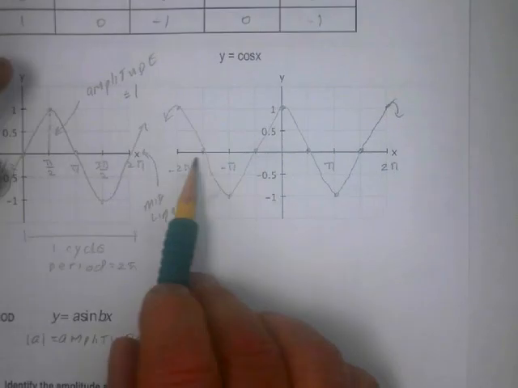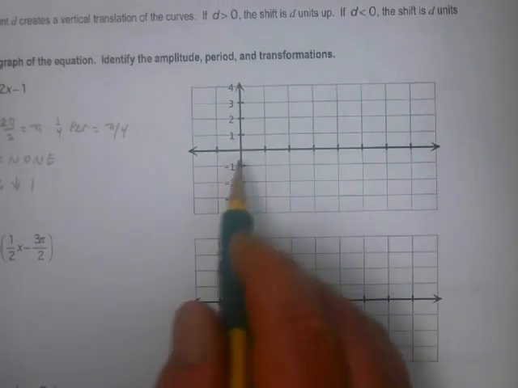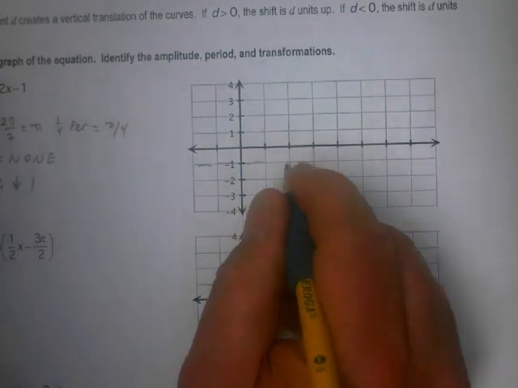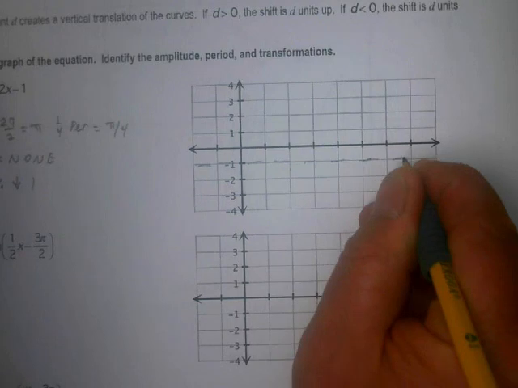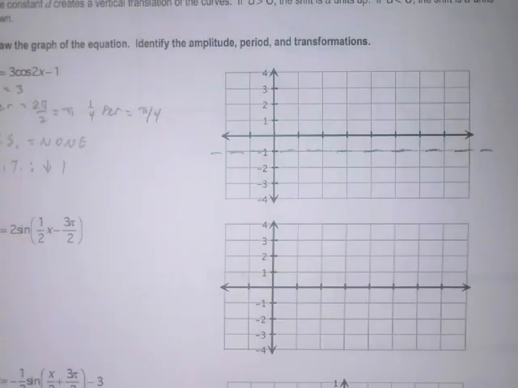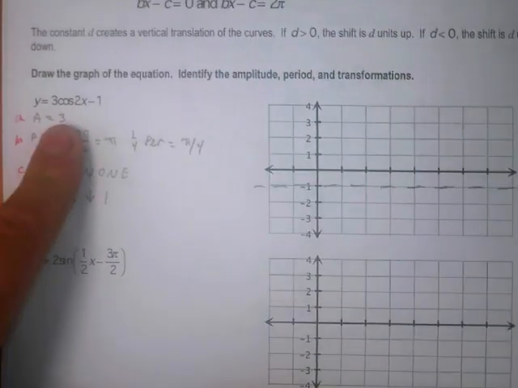Now this is a cosine curve, okay? Now you see this vertical translation right here? My midline was the x-axis before. My midline, which was the x-axis, is now going to be right here at y equals negative 1.